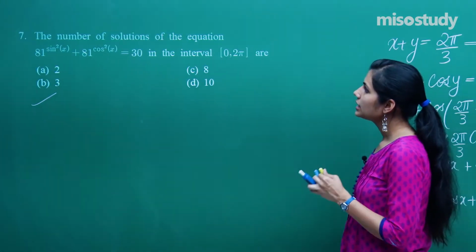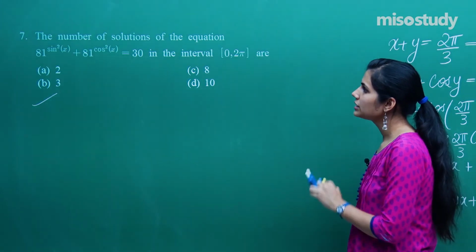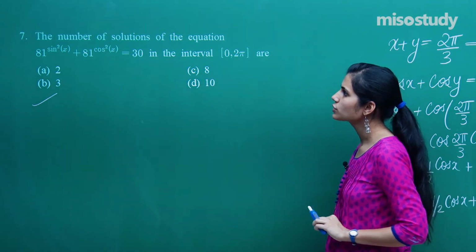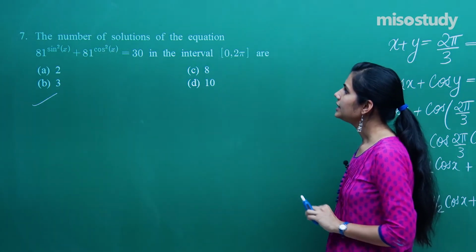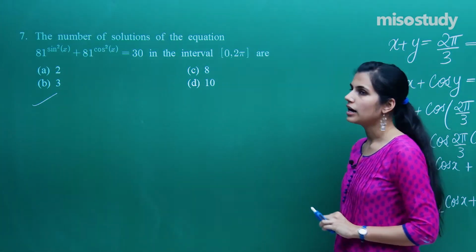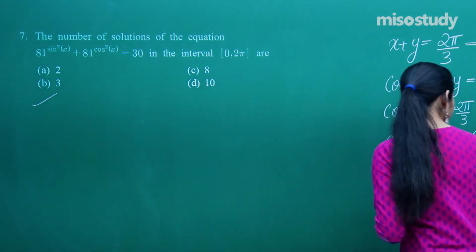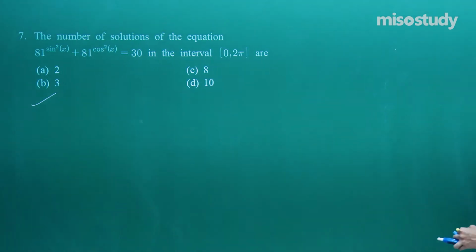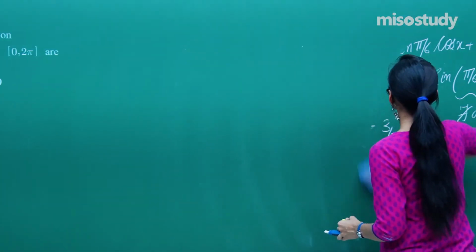Next question is the number of solutions of this particular equation 81 to the power sine square x plus 81 to the power cos square x equals 30 in the interval 0 to 2 pi are what? So, let's proceed in finding the solution of this trigonometric equation.